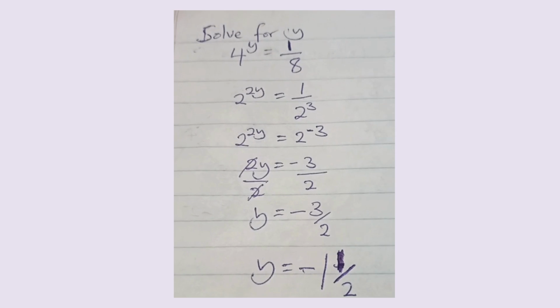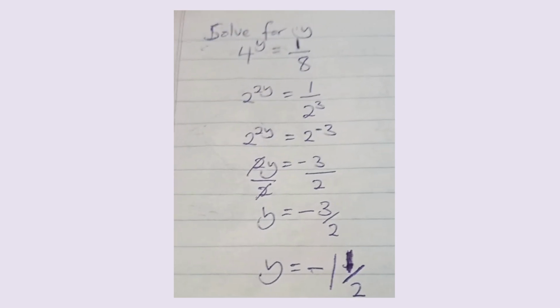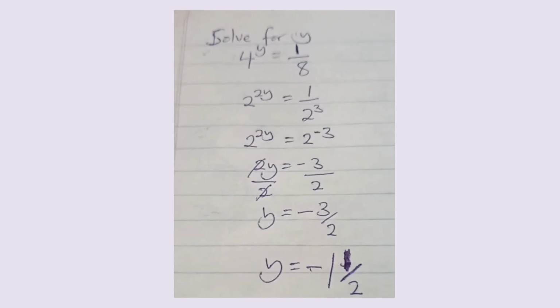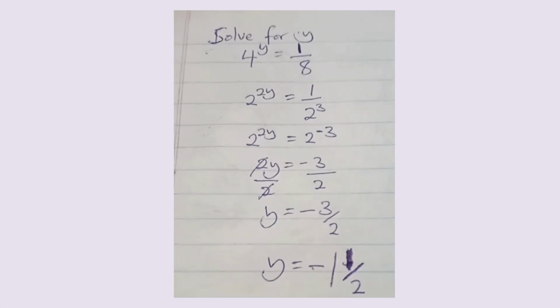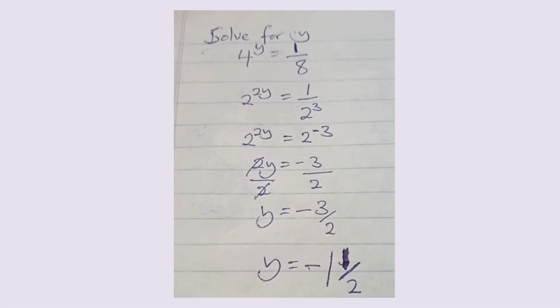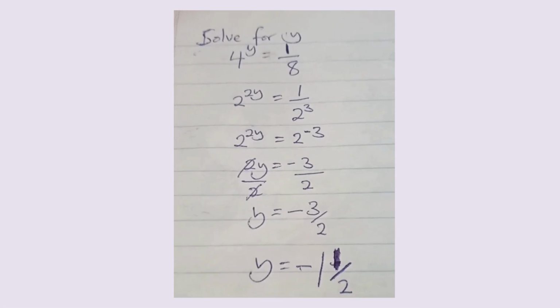So in the third line of our solution, we can see 2 to the power 2y is equal to 2 to the power minus 3. We brought the 2 to the power 3 up, so we have 2 to the power minus 3.